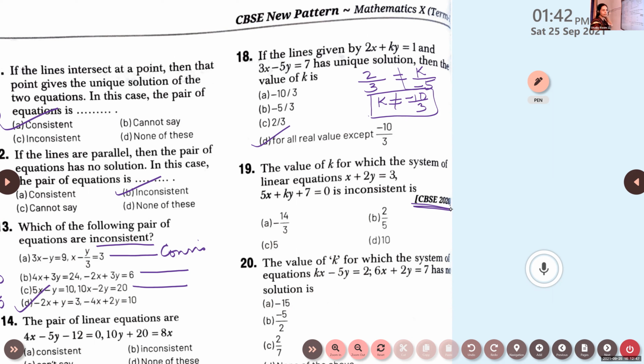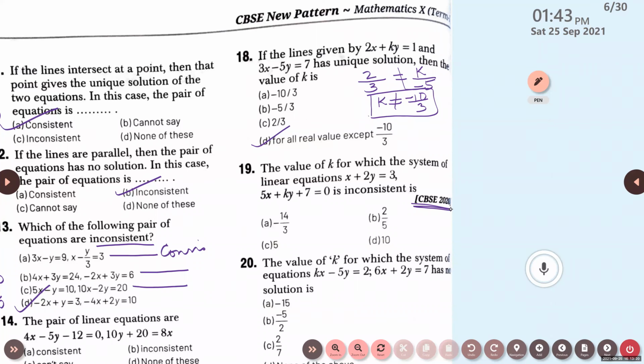Aditya M. Aditya, when will you give the condition for inconsistency? It has to be parallel. Now, parallel means what is the condition? The lines should not meet. No, I am asking the condition based on the coefficients. What is the condition?